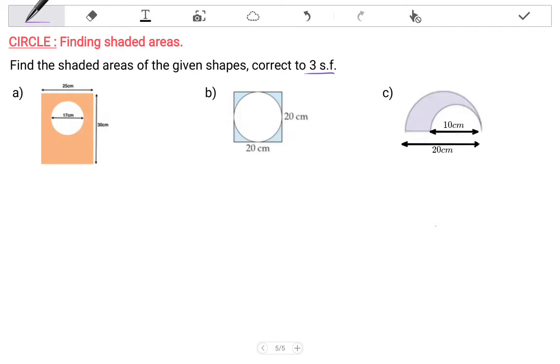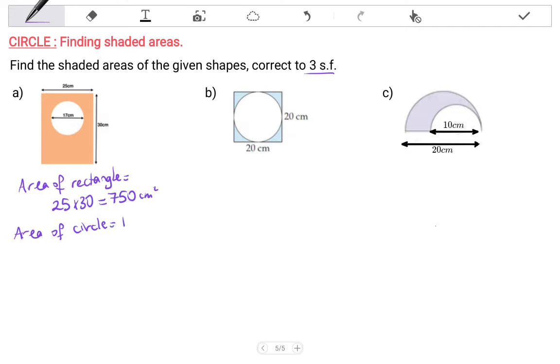So to get this, I'm going to find the area of this rectangle first. So area of rectangle is found by 25 times 30, and this is 750 centimeters square. And I need the area of circle.